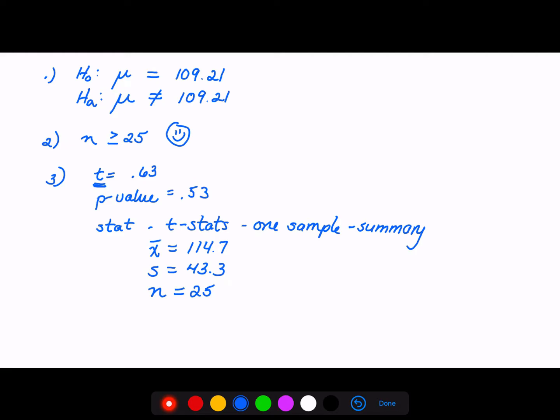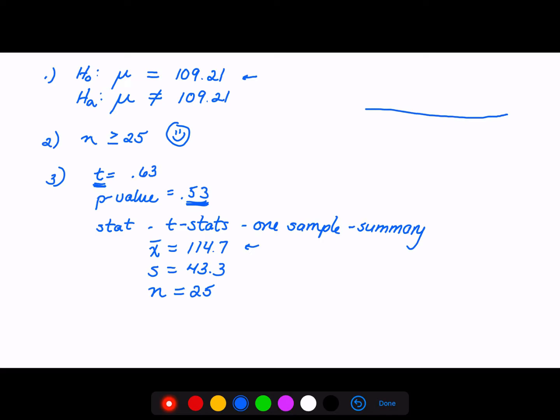Now remember, the p-value tells us whether our sample is surprising if the null hypothesis is true. And our p-value is large, so what that means is that it's not unusual to get this sample mean if the center of the distribution really is $109.21.